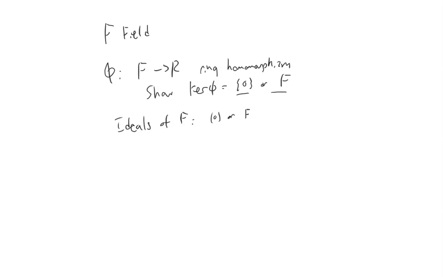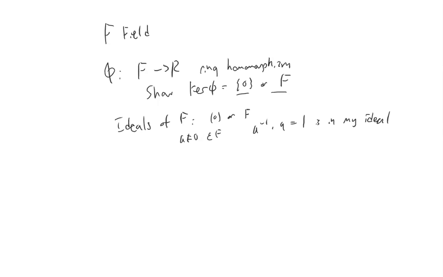We can't have anything else, because once we have a unit, we have the whole ring. If we have a non-zero element a in F, I have the magnet property, so I can multiply by a inverse and get 1. So now 1 is in my ideal, and once you have 1 in your ideal, you have every element in your ring, in this case, a field.